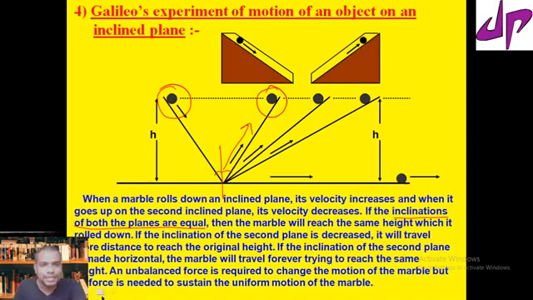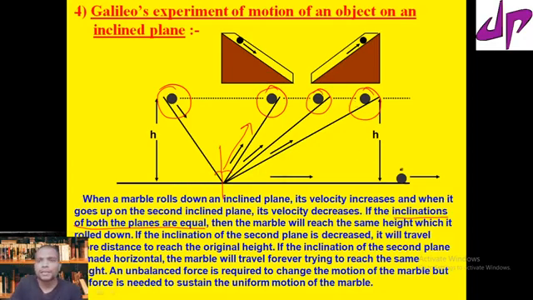For the second case, if the inclination has changed, again the marble wants to reach the same height. For the third case, it is also the same height. So if you change the angles, the marble wants to reach the same height.